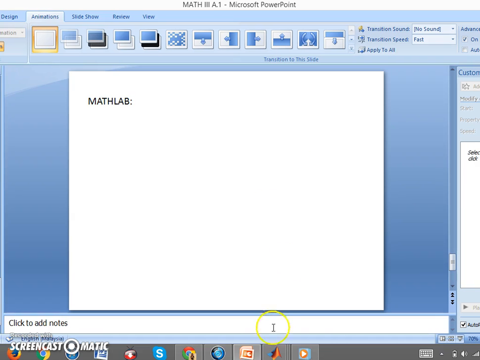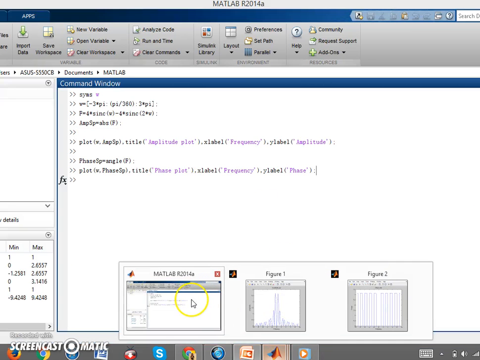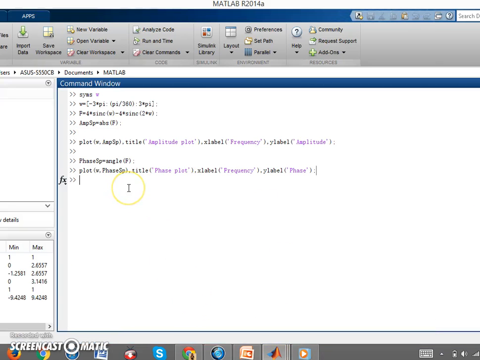So for the Matlab of this, it would be as shown. Syms w is to declare the omega, and for the omega we have set the range from negative 3 pi to 3 pi.